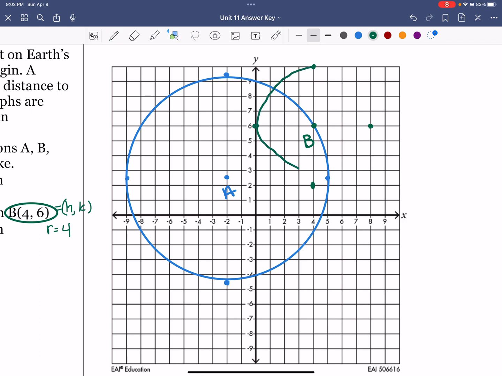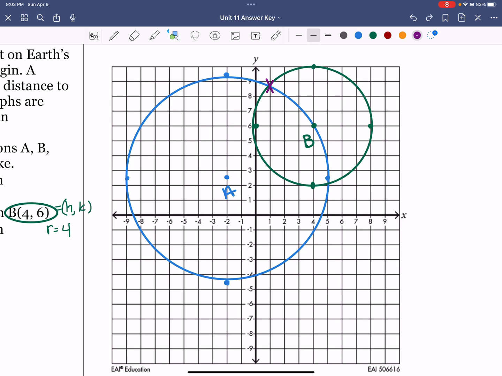So right now, ooh, that was bad. So as I was trying to say, right now, we have 2 points of intersection in my circle. We have one up here and one down here.